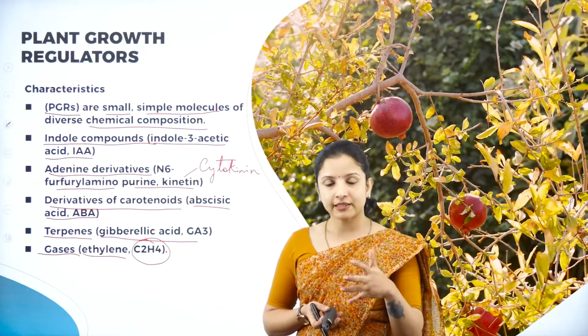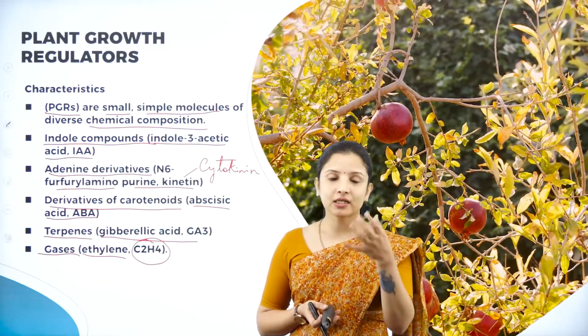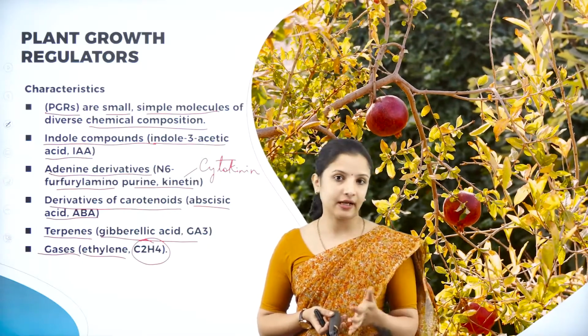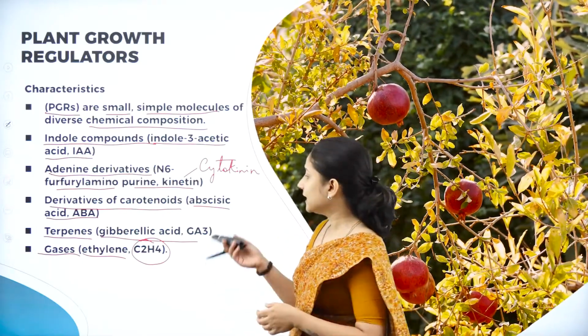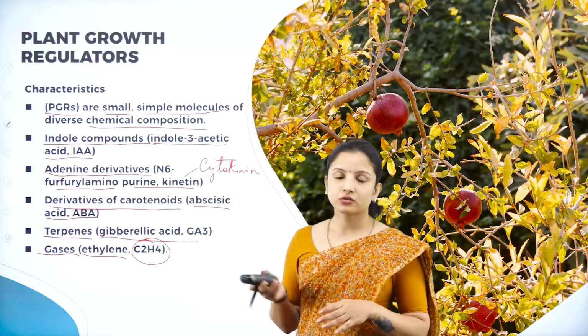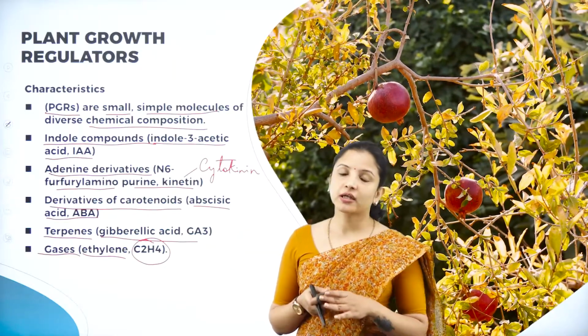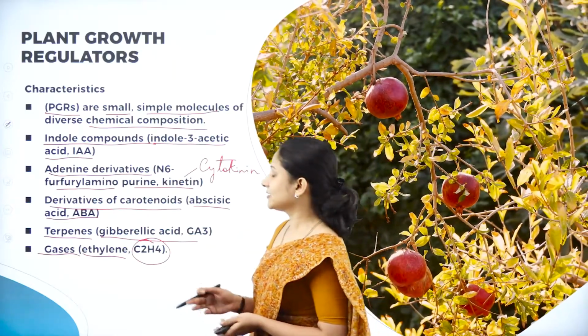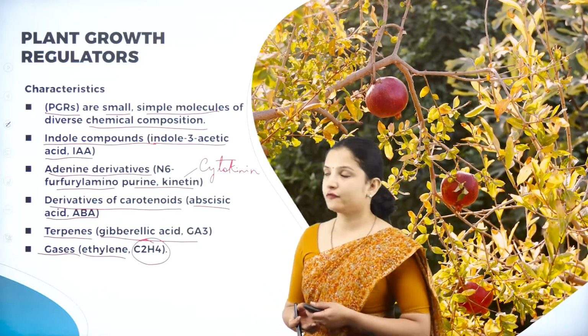Terpenes in plants also help in protecting the plants against insect attack. Next, some of the growth regulators are volatile in nature. They are in the form of gases, that is ethylene, which is C2H4.